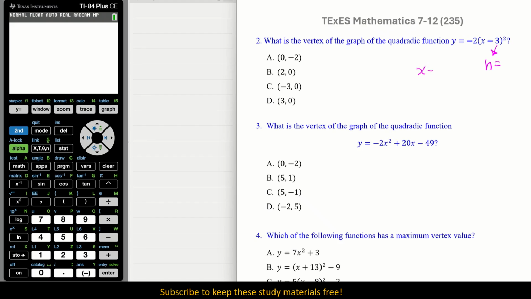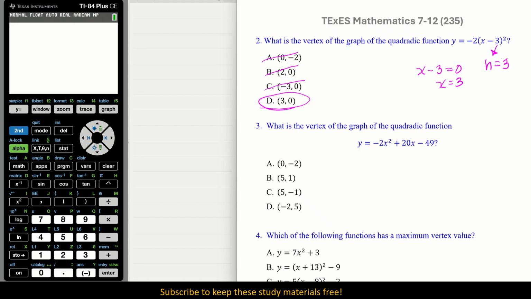Let's think of it as bringing it out of the parentheses, putting it equal to 0, so we know that h is going to be 3. It's 3. So that means that our first value needs to be 3. Well, we go down, and the only one that matches is D.